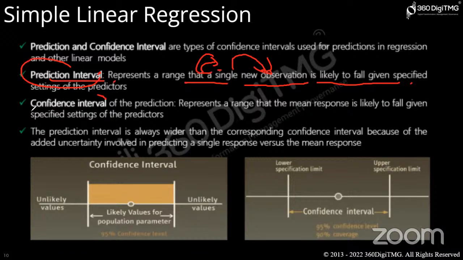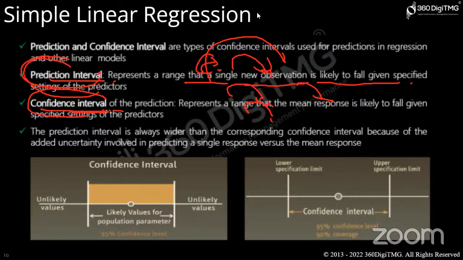But when it comes to the confidence interval, whatever the mean response that you are taking should fall in the confidence interval. Prediction, it might fall, but with the confidence interval, it should fall in that particular interval. So this is the difference.